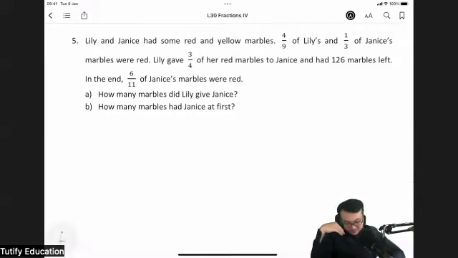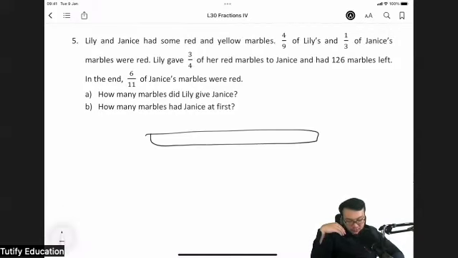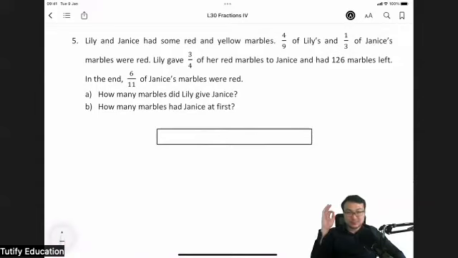Well done. So now my first question to you is, if I were to draw Lily, they told us that 4 out of 9 of Lily's marbles are red.